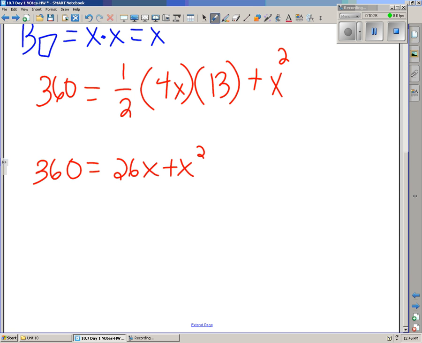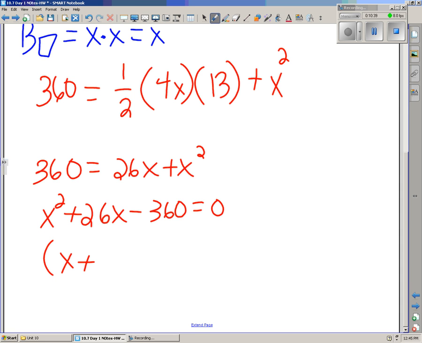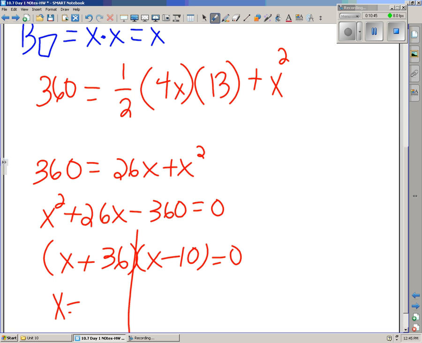We, in fact, have a quadratic. We need to rearrange this so we can factor it appropriately. I'm going to subtract 360 from both sides to get the equation equal to 0. When you factor this, you get x plus 36 times x minus 10 equals 0. When you solve for each value of x, you get x either as negative 36 or x is 10.